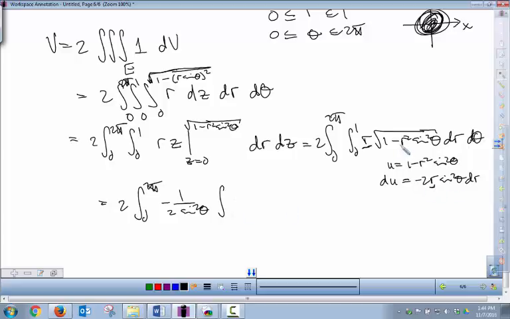And then we'll integrate u to the 1/2 power. So u to the 1/2, u to the 3/2 times 2/3.